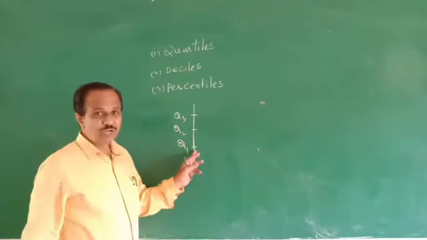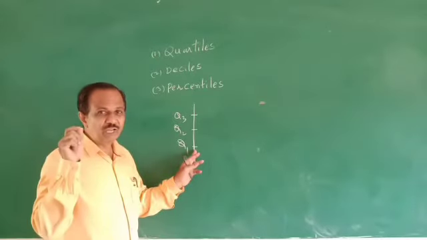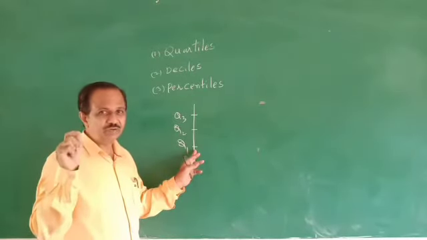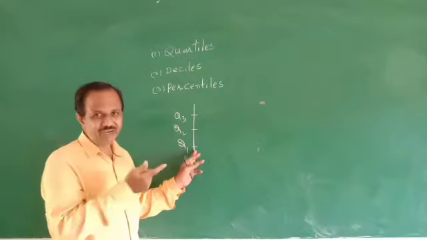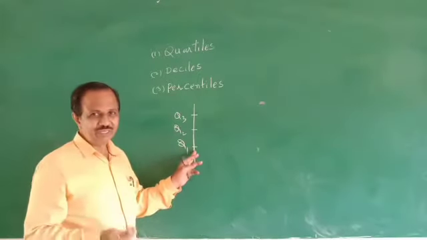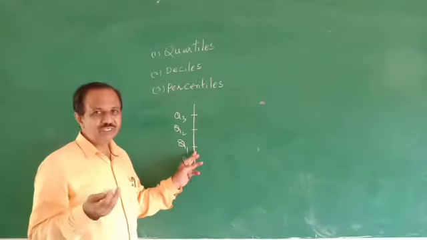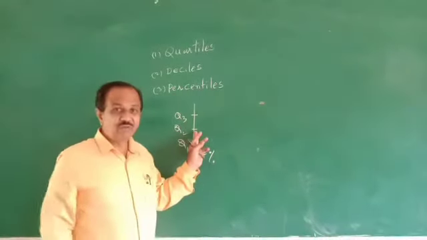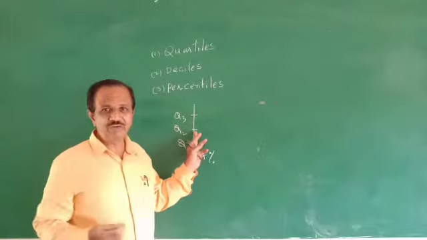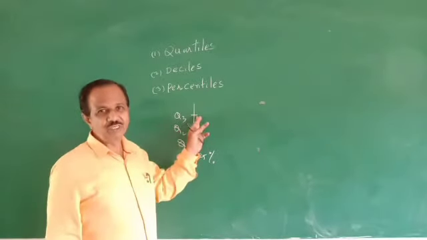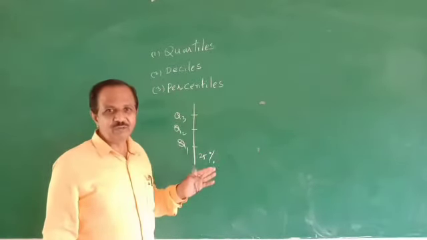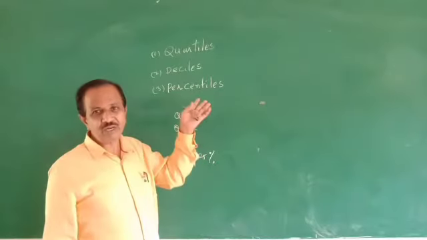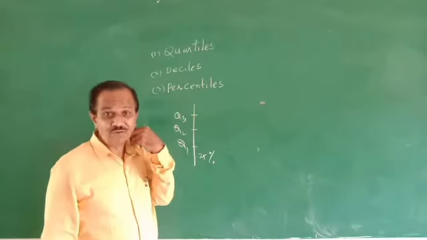So what is Q1? Q1 means 25% of the observations are below it. In any data, Q1 means 25% of observations are below it. Q2 means 50% of the observations are below it and 50% are above. And Q3 is 75% of observations are below it and 25% are above this value.